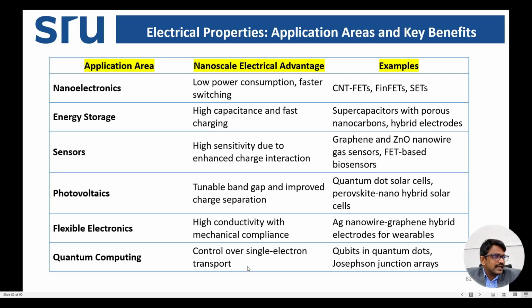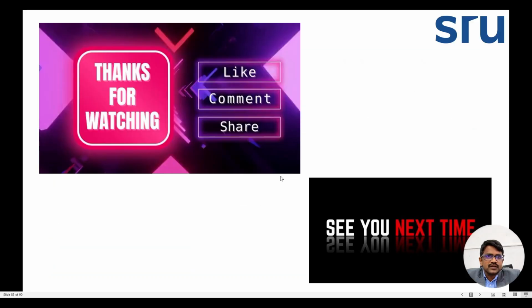Control over single electron transport, qubits in quantum dots, Josephson junction arrays. Usually for digital computing, we are using 0 and 1 as classical bits. But here in quantum technology, we will use the waves, particle light, right? So this is about quantum computing.